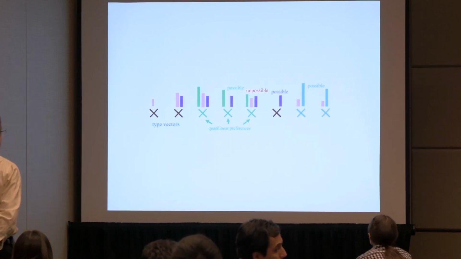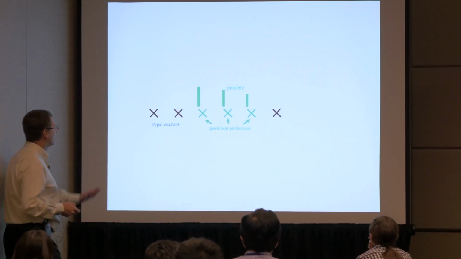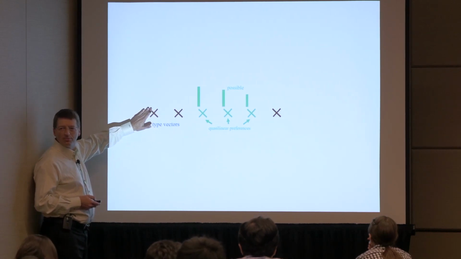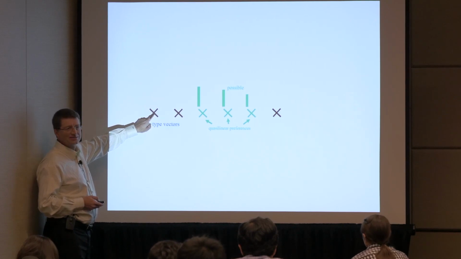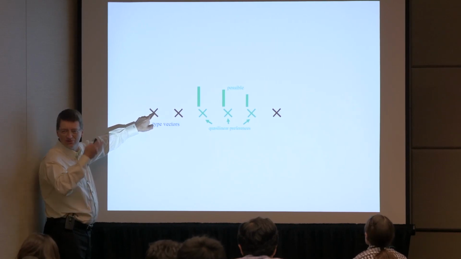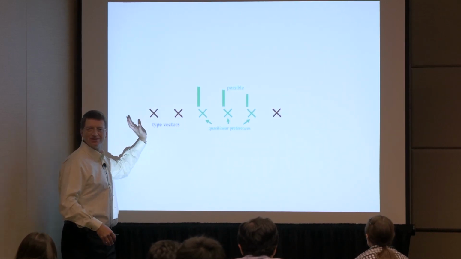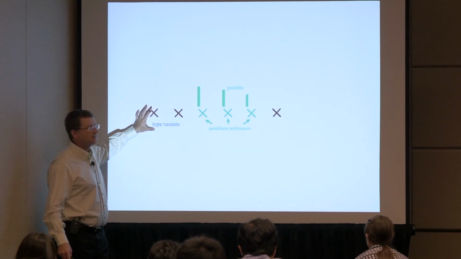Okay. So what the colored bars are, let's go through this one more time, because this is important. So what are the X's? These are type vectors, one type per player. So think about here, for example, player 1 has their first type, player 2 has their first type, and so forth. Player 1 has their second type, player 2 has their first type, etc. I'm just showing a small number of type vectors. This would be typically a huge space.